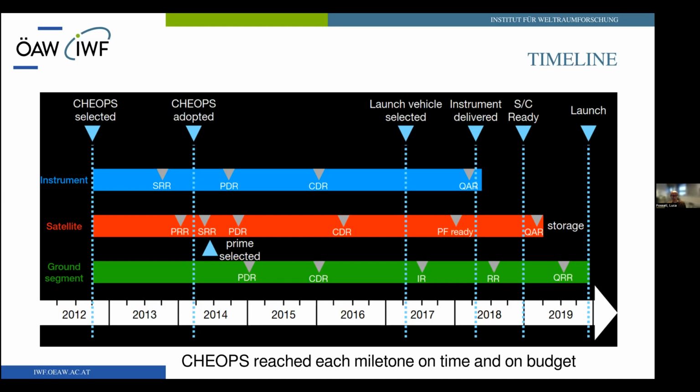And the other very important thing that we like to remark every time is that CHEOPS has reached every single milestone on time and on budget, which is pretty remarkable for space missions. And one of the things that helped us doing this is that it is a small mission, and yet has been built and developed keeping all the standards that are required for bigger missions.